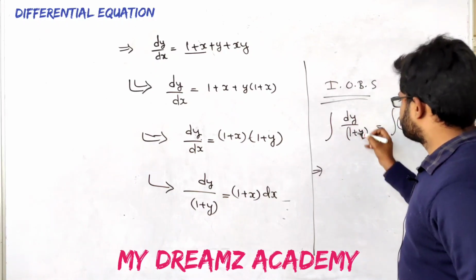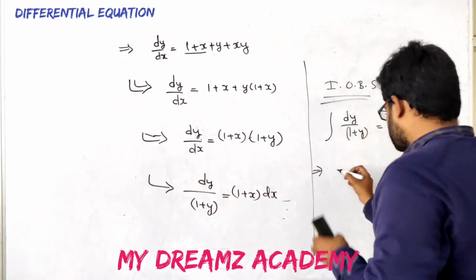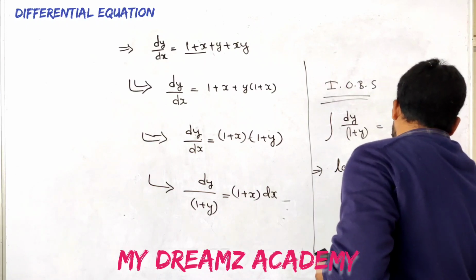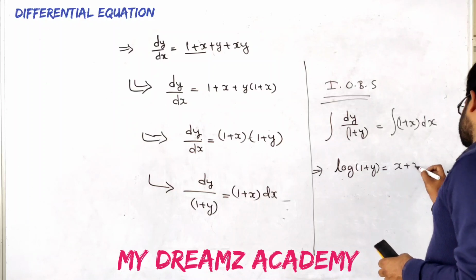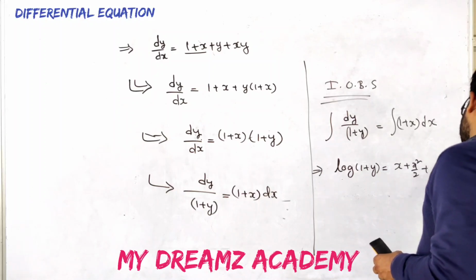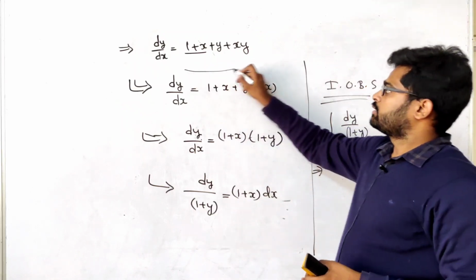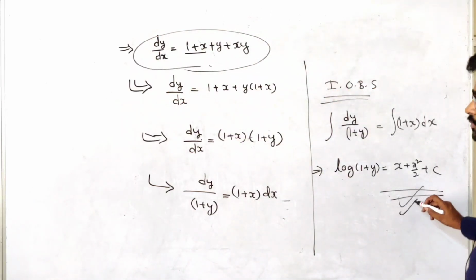What is the integration of 1 by (1 plus y)? It is log(1 plus y). What is the integration of 1? That is x. What is the integration of x? x square by 2, plus c. This is the solution for the given differential equation.